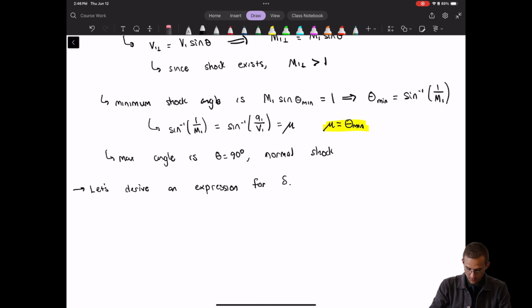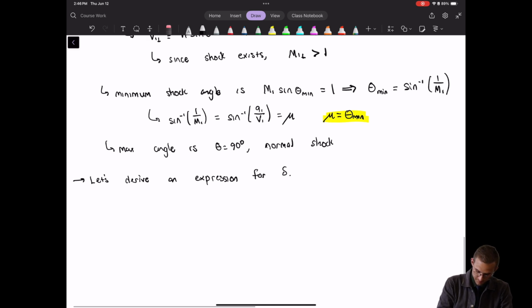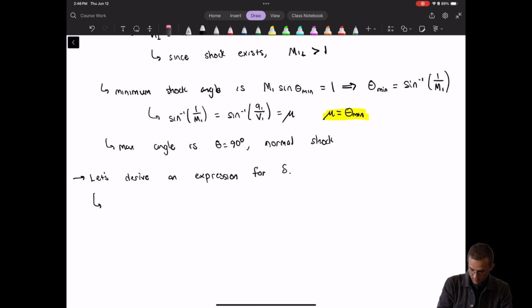And of course, as always, we start with continuity, which tells us that rho 1 v1 perp is equal to rho 2 v2 perp. Okay? We're going to express v1 perp as a function of the parallel velocity, tangent times theta.